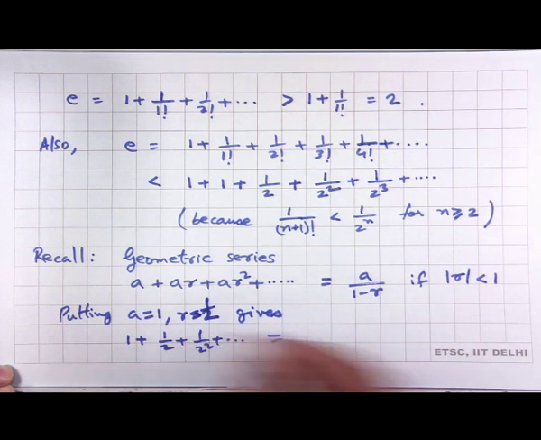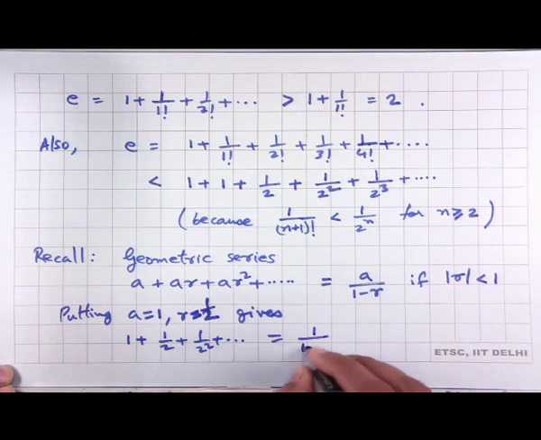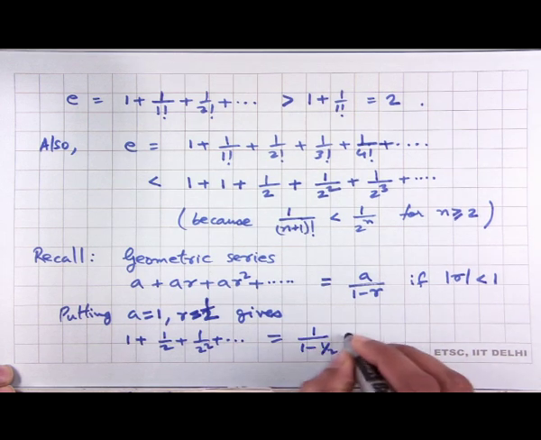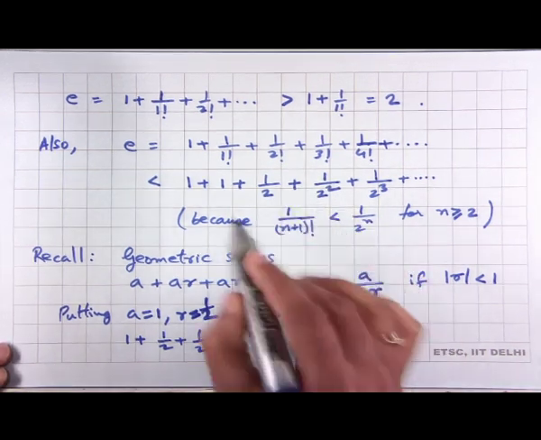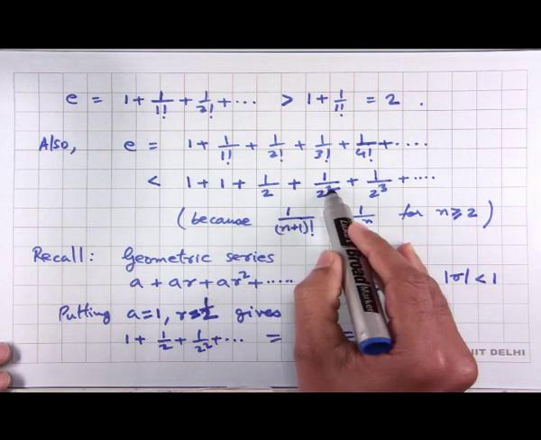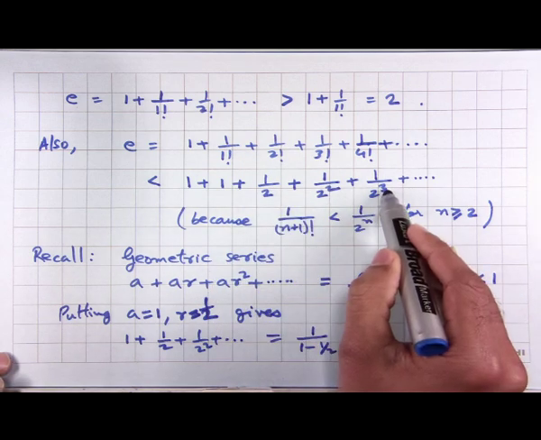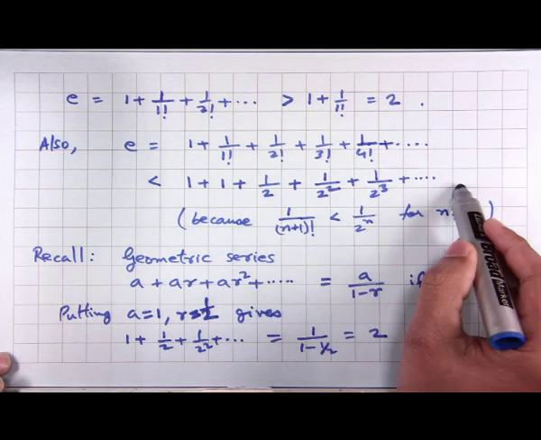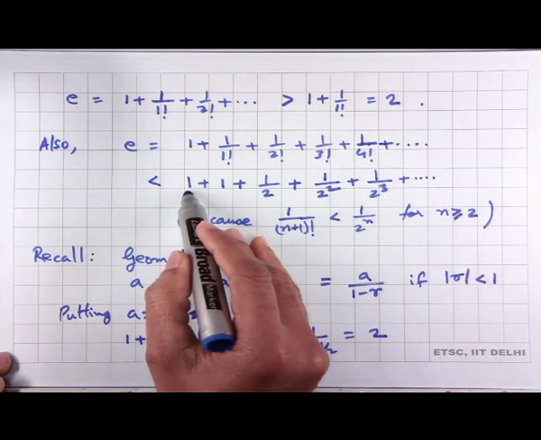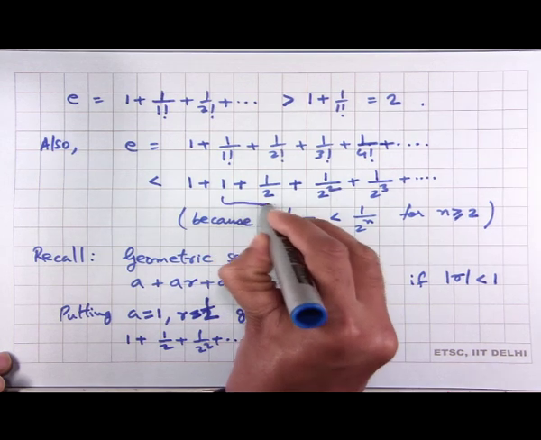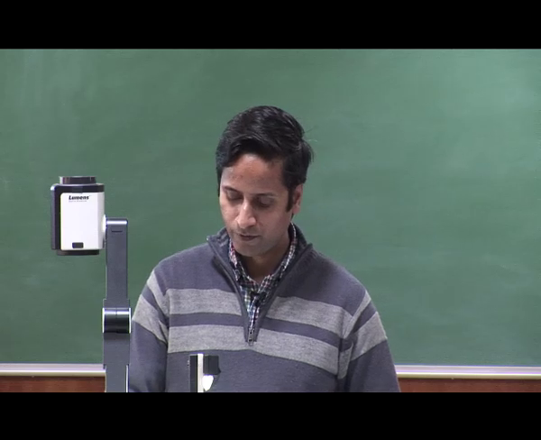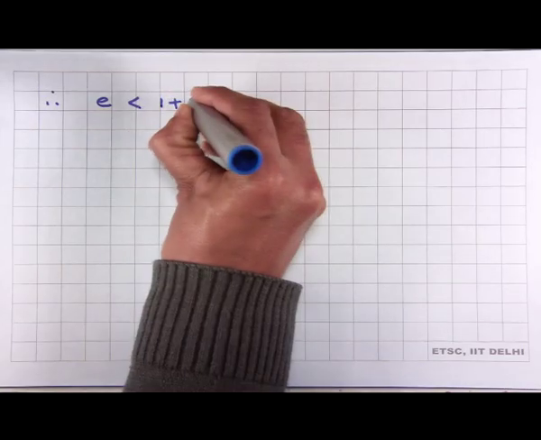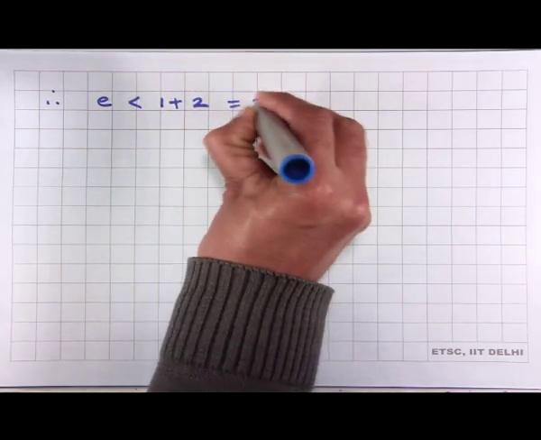This is equal to A over 1 minus R, which is 1 over 1 minus 1 by 2, which is equal to 2. So, this series 1 plus half plus 1/4 and 1/8 sums to 2 and then I have 1 plus this. So, therefore, E is less than 1 plus the geometric sum, which was 2, which is equal to 3.